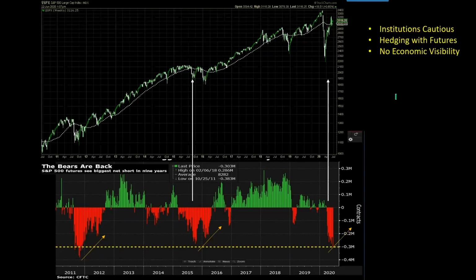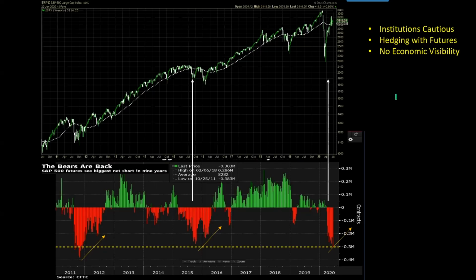So institutions are cautious. They know they have to go with the uptrend. They have to participate as stocks go higher, which they've gone up very, very quickly in the second quarter, which is about over. And they are doing some hedging as part of that. Not complete hedging, but there's some hedging activity I believe the institutions are doing.